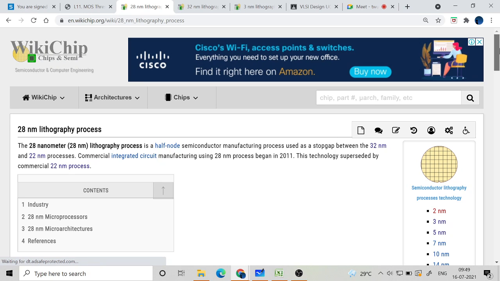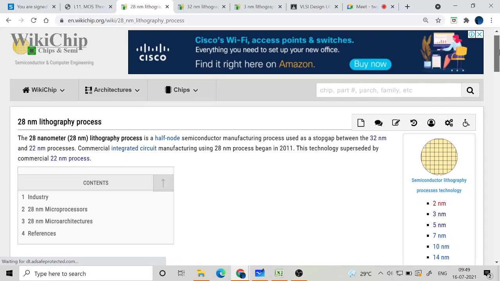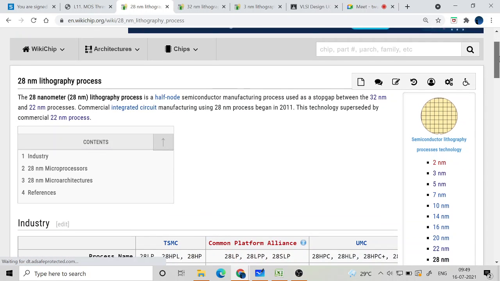They were doing rigorous tests. There were a lot of short channel effects coming into the picture, which they were not able to control or manage. So going directly to 22 nanometer was not possible with the conventional MOSFET structure.